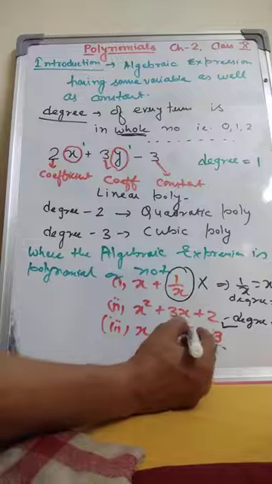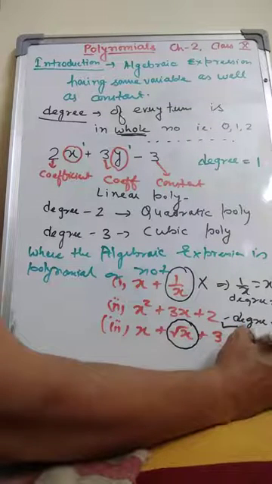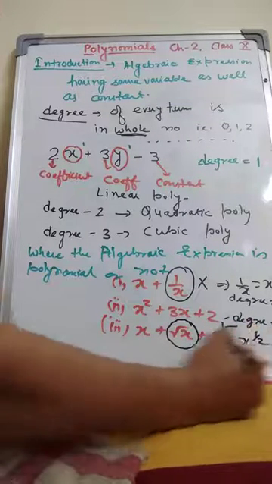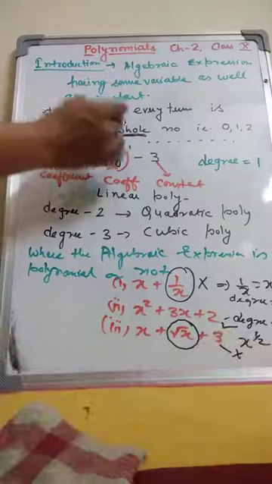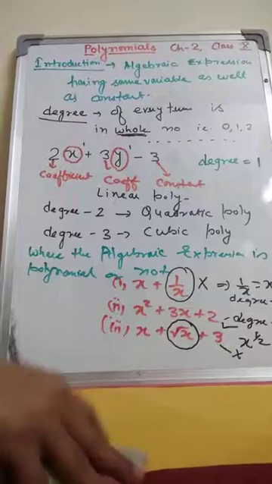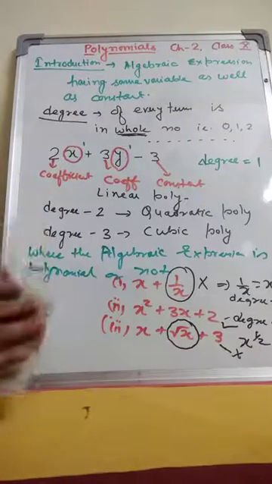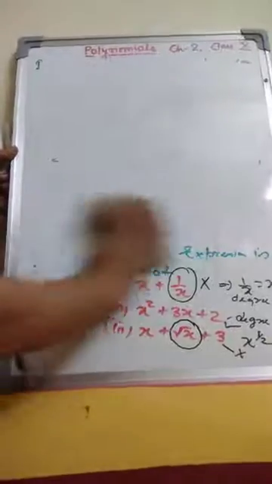Here the degree of this term is 1 by 2, so therefore it is not a polynomial because it is not a whole number. Now we have a clear concept of the polynomial.